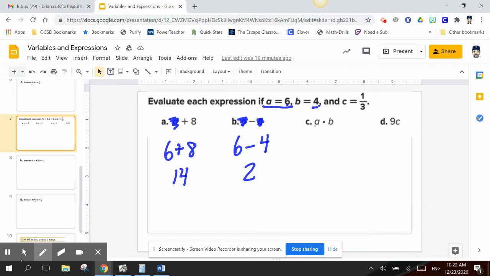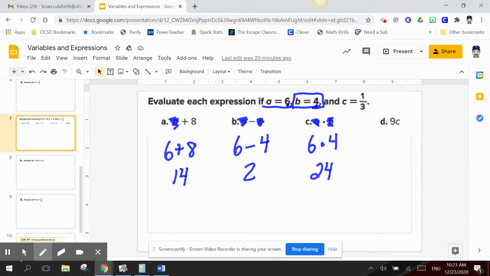In letter C, I have a · b. The dot, remember, make sure you have that meaning and multiply. So again, a is 6, so I take out my a value and put in 6. Times b, so I take out my b variable and I put in a 4 because b is 4. And multiply 6 times 4: 6, 12, 18, 24.